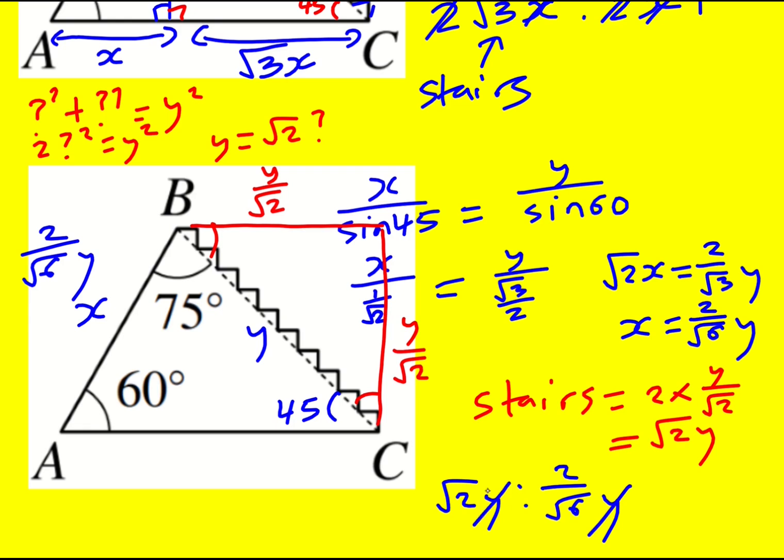So I can cancel out the y's. I'm going to multiply through by, remember, this was root 3, root 2. So I'm going to times through by that. I'm going to get root 3 times root 2 times root 2 to 2. Can cancel these out, and I'm back to having root 3 to 1.